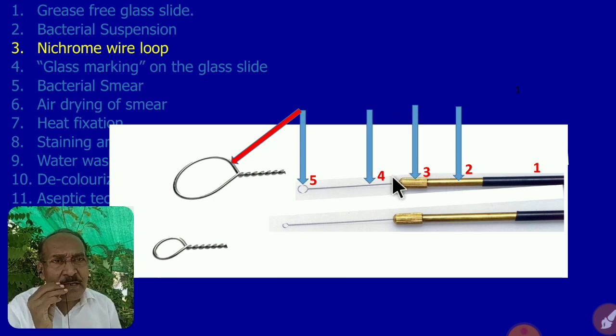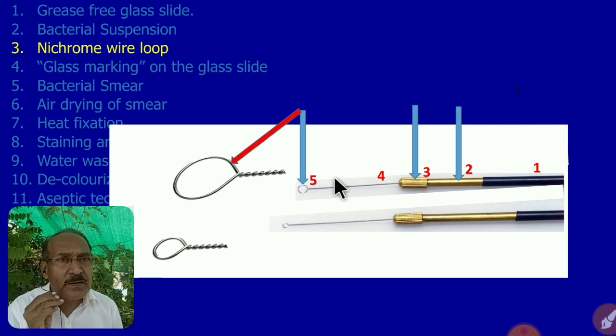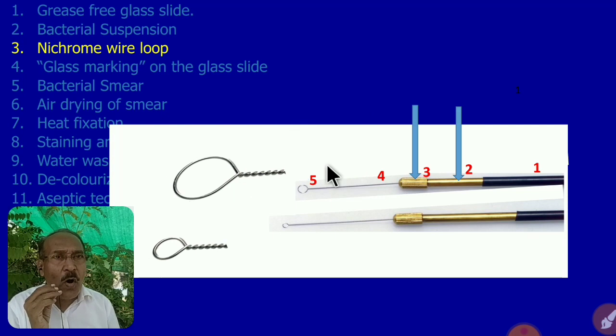Then fourth part is the actual wire, which is made up of nichrome. And the fifth part is the loop portion of this nichrome wire loop. All these 5 parts make together a nichrome wire loop.